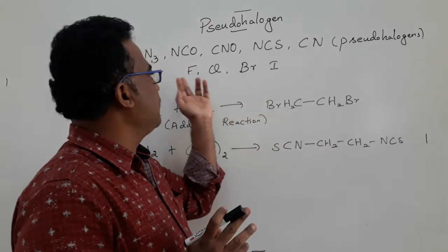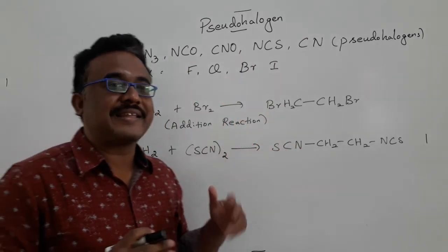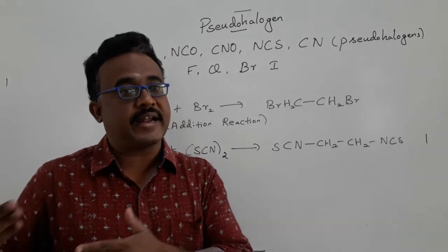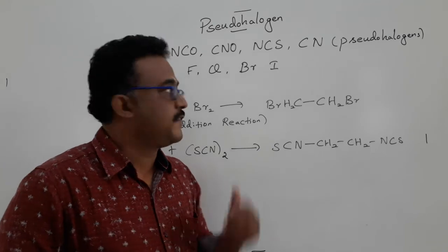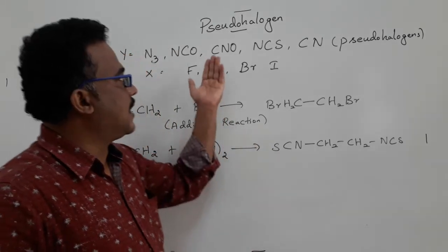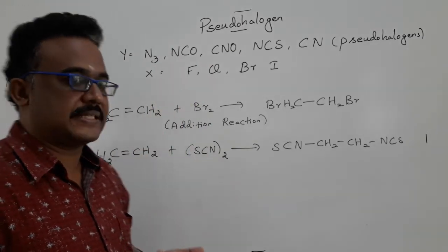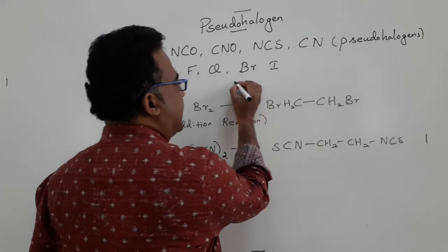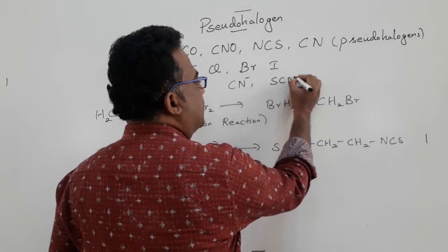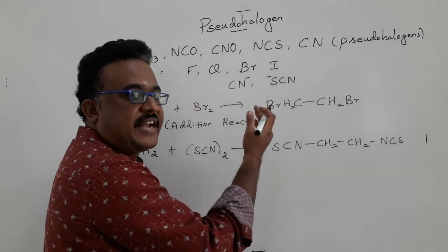Most of the time we know that halides can work as monodentate, bidentate, tridentate, and even tetradentate, as in the chloride ion. When we come to pseudo halides, maybe SCN minus or cyanide, these molecules will not go as bidentate or tridentate.